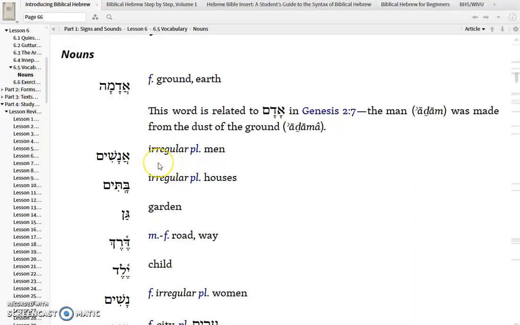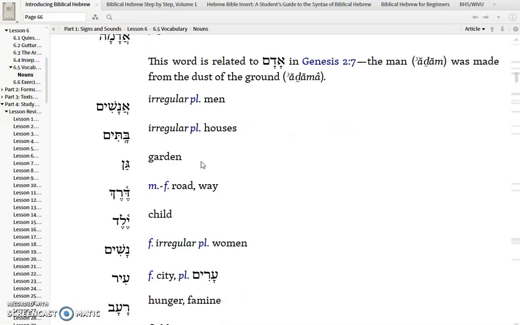And then the plural of man is anashim. So the word for man is ish. The plural is anashim, that has a nun that you wouldn't expect to show up, but it does show up. And he just gives you that as a vocabulary item to learn separately. Then you have the plural for the word house. House is bayit, but the plural is batim.